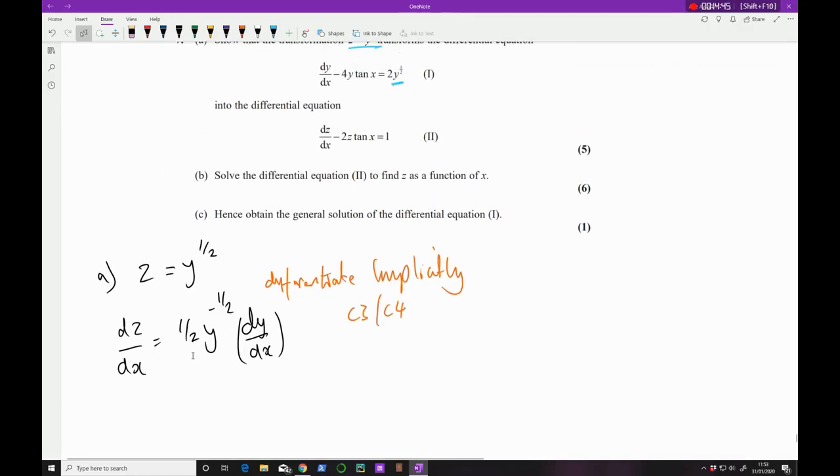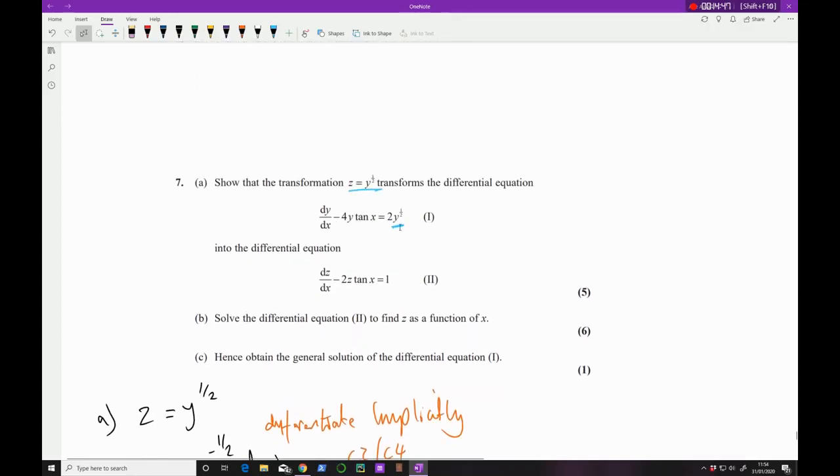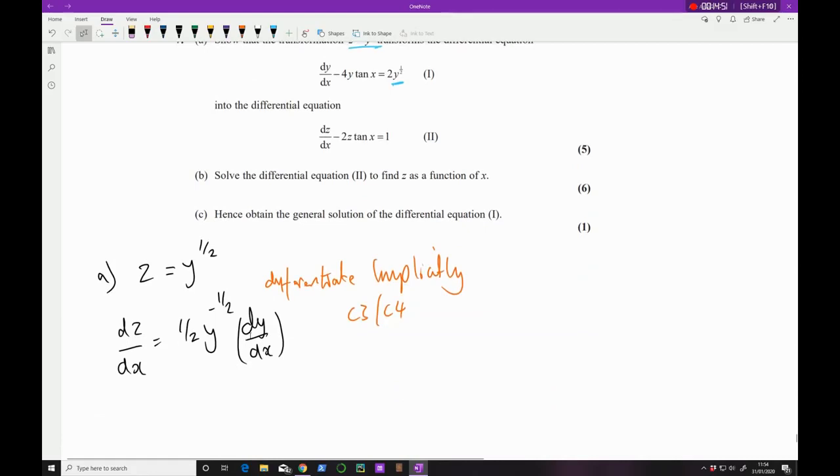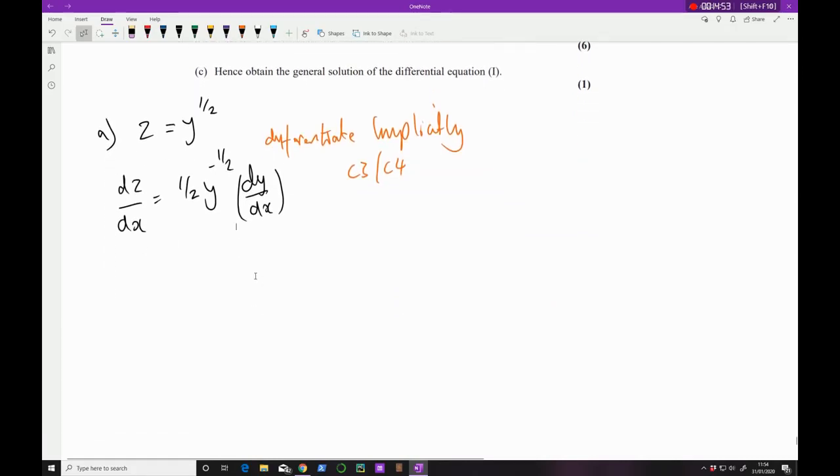Now, because I need to substitute this whole thing into our primary equation here, let's make dy by dx the subject so that we can substitute. So this goes back to my earlier point. Do you know how to rearrange?